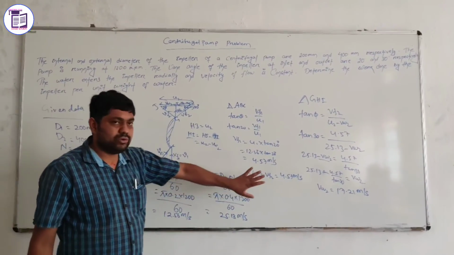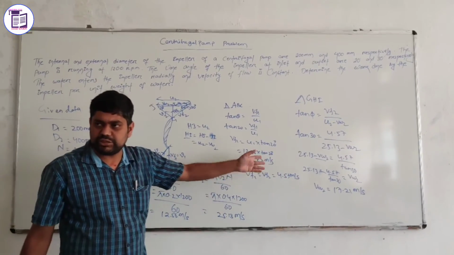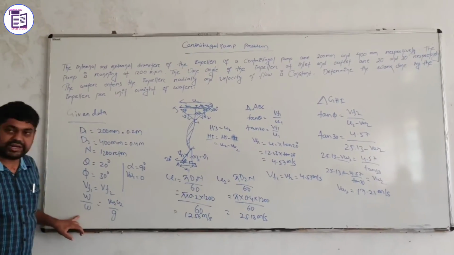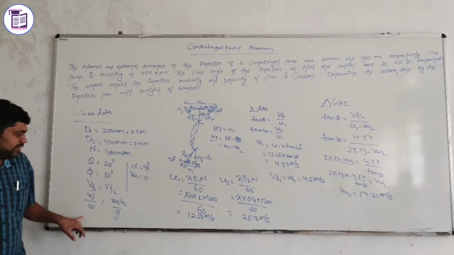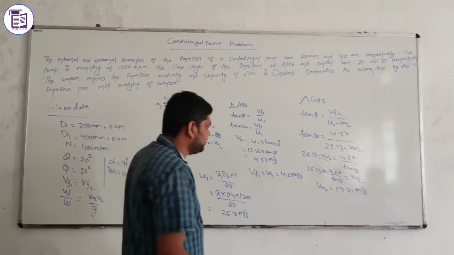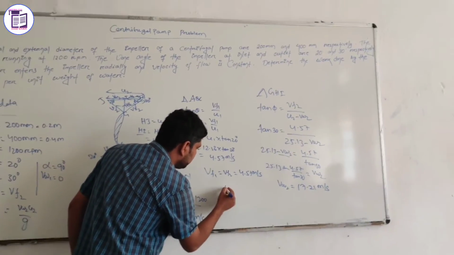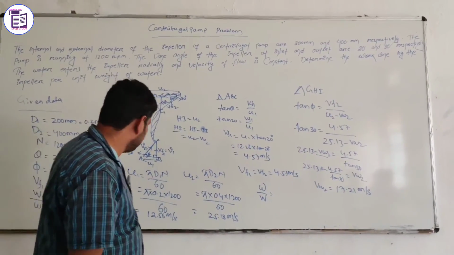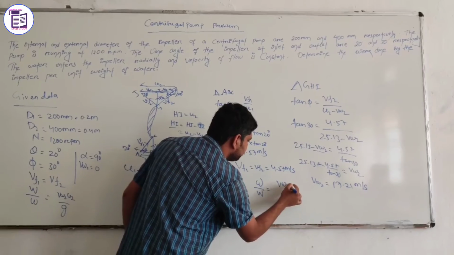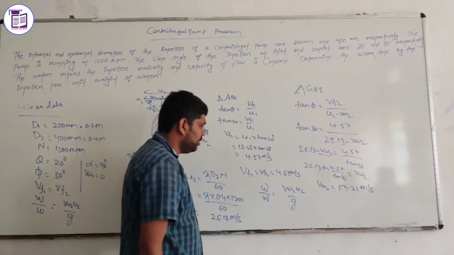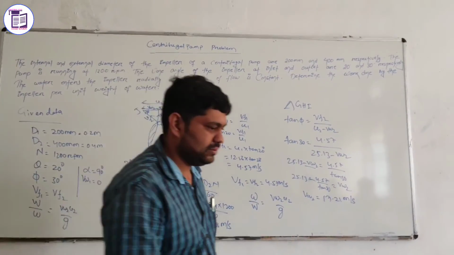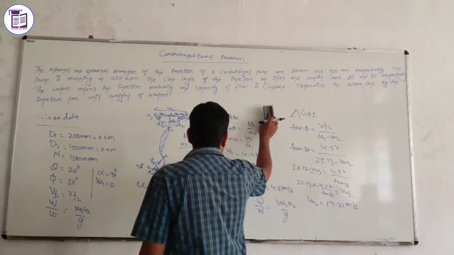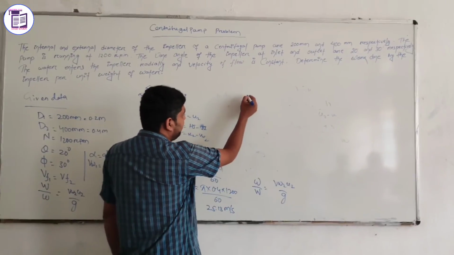Now you find the two relations here. Bw2 is also found, and the U2 value is found. Now easily you can find the value of work done per unit weight. Now put the formula: work done per unit weight is equal to Bw2 U2 by g. Now note down, this is work done per unit weight.